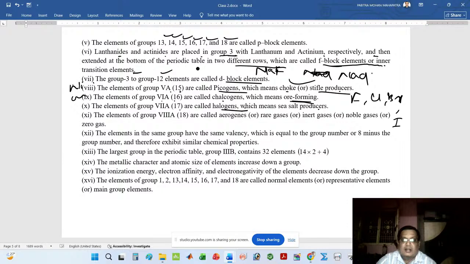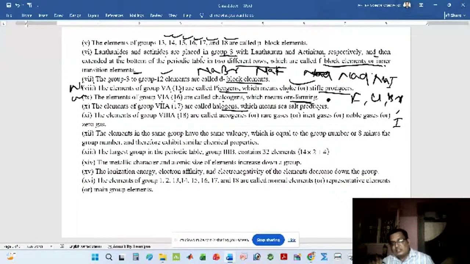The sea bed contains salts like NaBr, NaF, NaCl, NaI, KI. And the sources of the halogen elements, fluorine, chlorine, bromine, iodine, so halogen means sea salt producer.